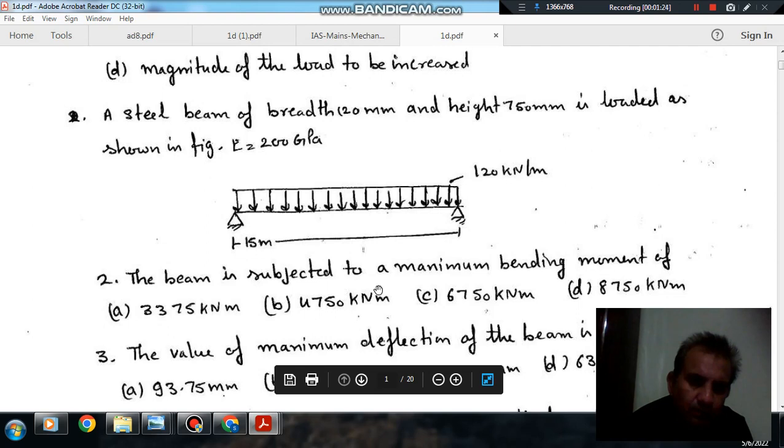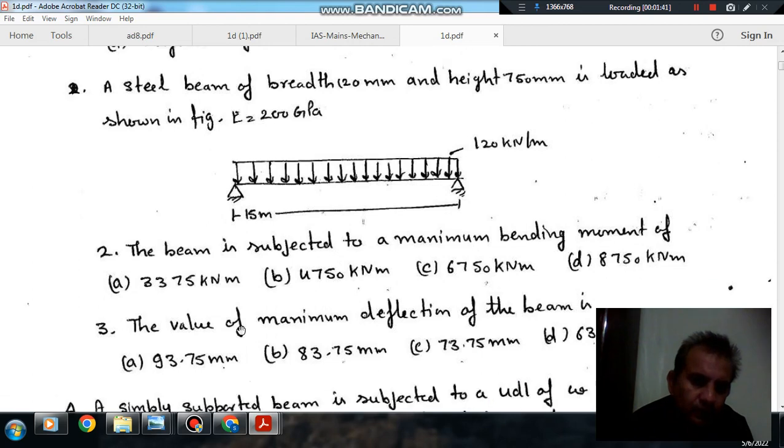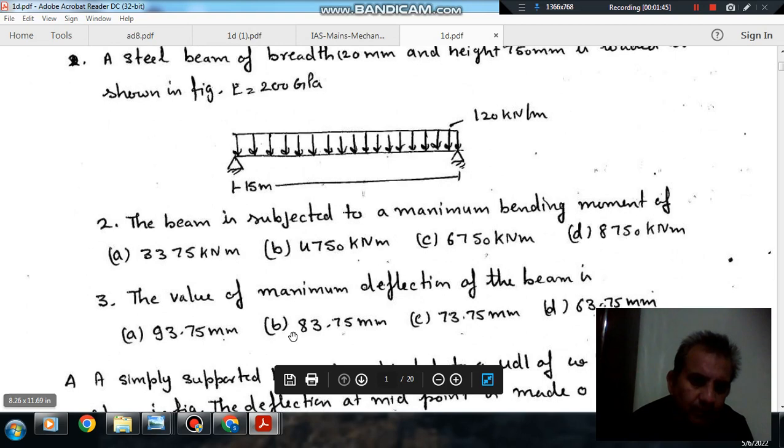Question number 2: the beam is subjected to a maximum bending moment of option A 3375 kN·m, option B 4750 kN·m, option C 6750 kN·m, and option D 8750 kN·m. Question number 3: the value of maximum deflection of the beam is option A 93.75 mm, option B 83.75 mm, option C 73.75 mm, and option D 63.75 mm.